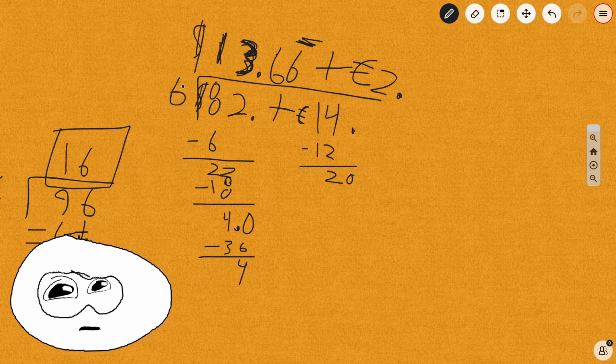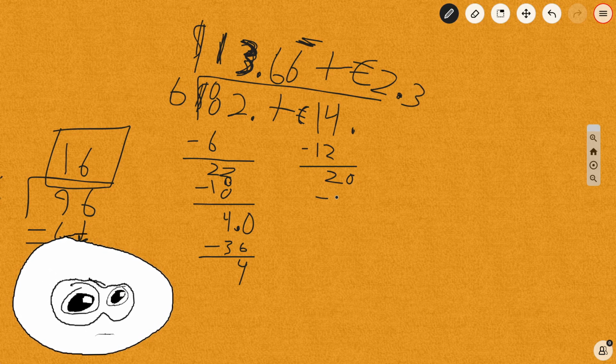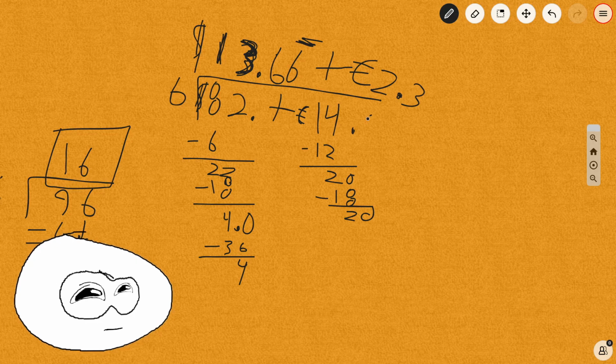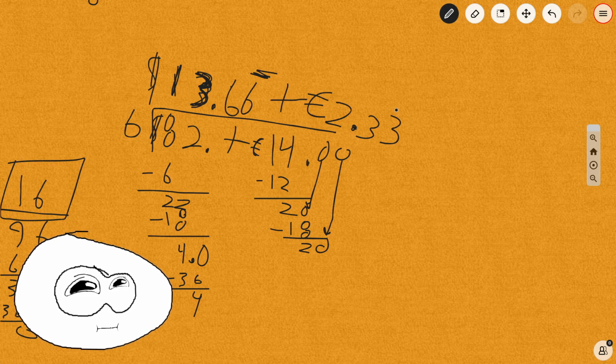So how many times does 6 go into 20? Let's say 3. 18. And it just keeps repeating itself. But because money only goes to two decimal places, you kind of have to stop right here.